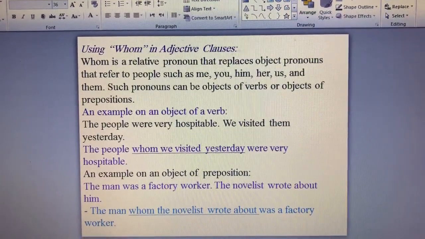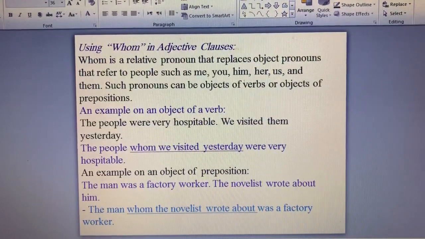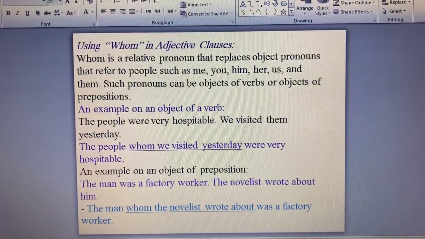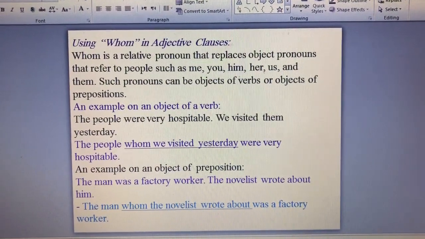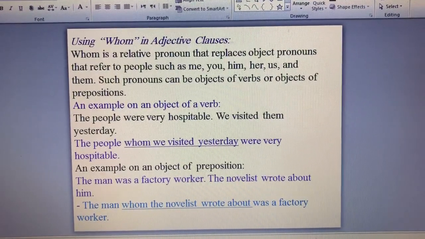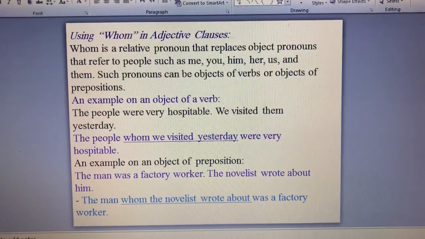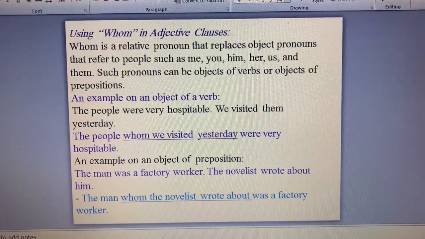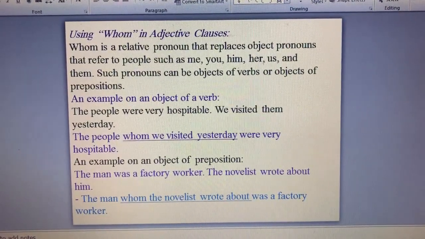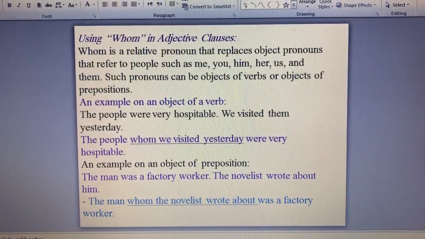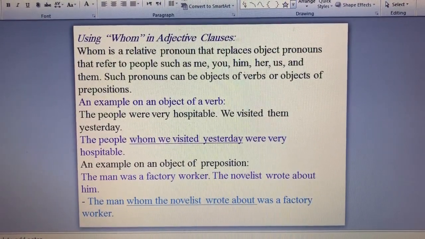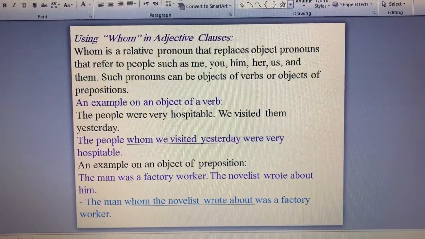And the noun or subject people will be modified by an adjective clause. The people whom we visited yesterday were very hospitable. Whom we visited yesterday, this underlined part, is called an adjective clause that modifies the subject people. And as I said, whom always replaces object pronouns.